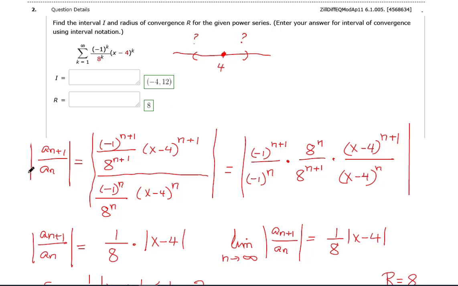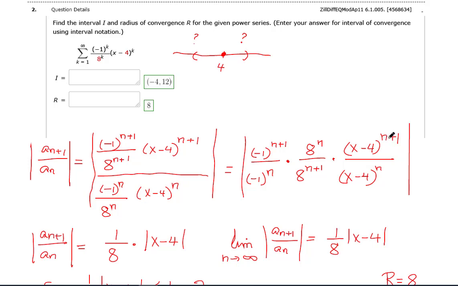Well, let's find out. So form the ratio test. Put in n plus 1 in place of all the n's. Put a n on the bottom. Put things that look alike together. Minus 1's will go away. 8 to the n over 8 to the n plus 1 gives me a 1/8.